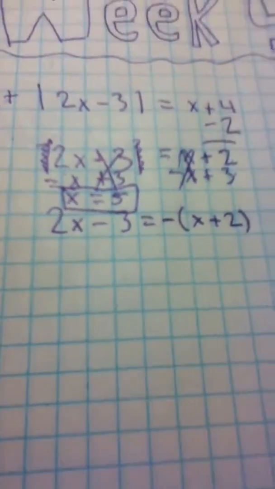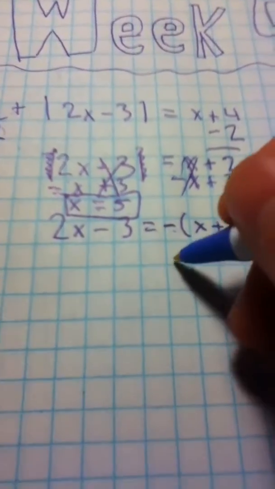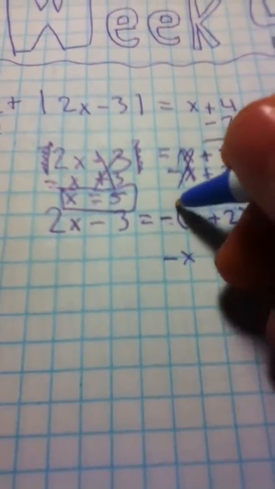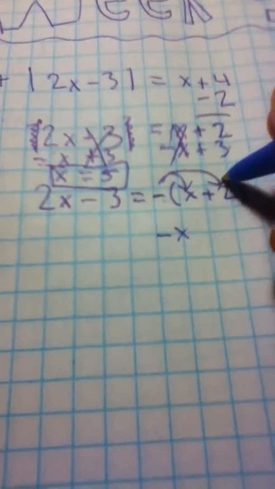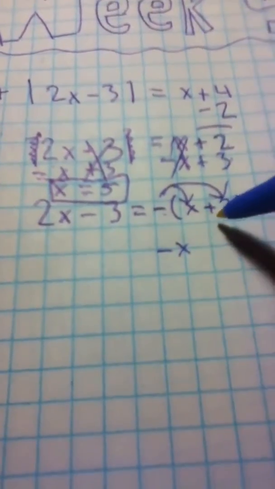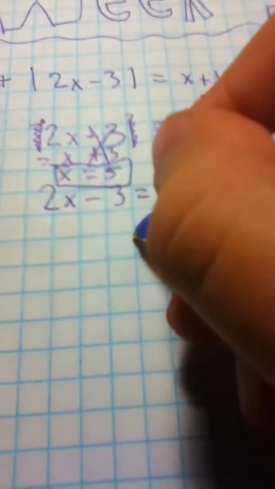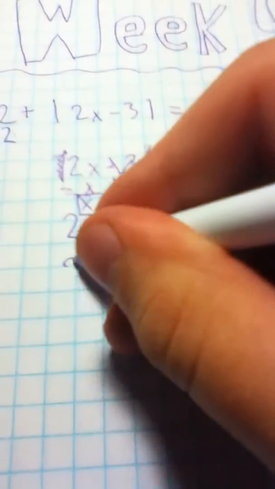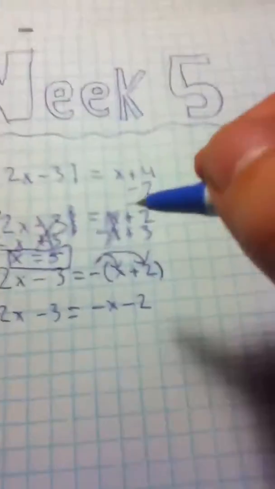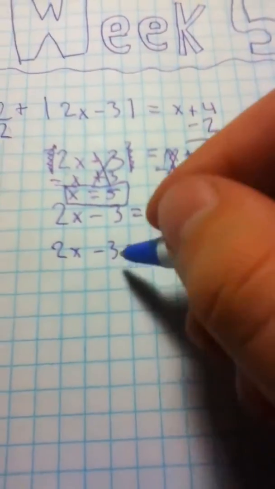And then what you would do is distribute the negative. So it would be negative x, and then all the way over here, negative x minus 2, and equals negative 3 and 2x. And then we would do the same thing.